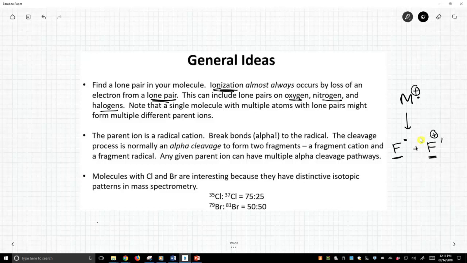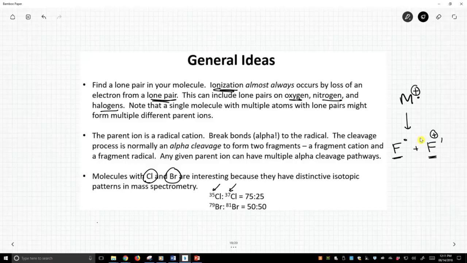In particular, one thing that's pretty interesting is when your molecule contains a chlorine or a bromine. So I'm talking about molecular weight. When we think about molecular weight, that's the average molecular weight for our species. But chlorine and bromine are present in significant quantities of different isotopes. Chlorine is chlorine 35 and chlorine 37, and it's about a 3-to-1 ratio, a 75-25 ratio.